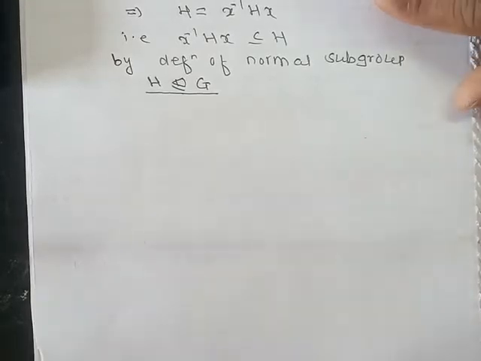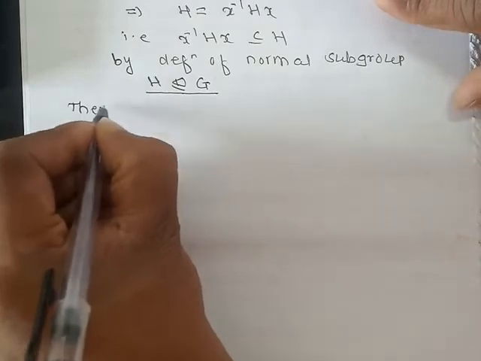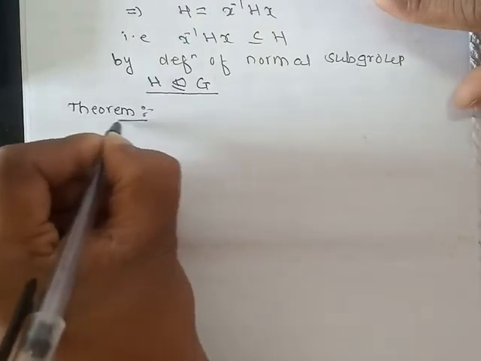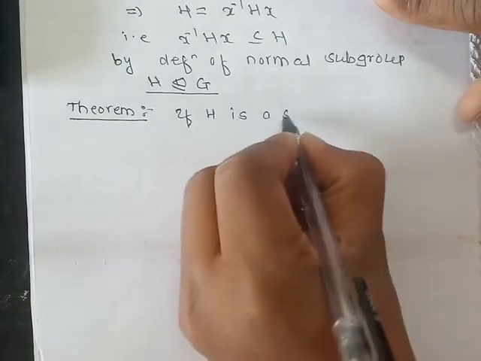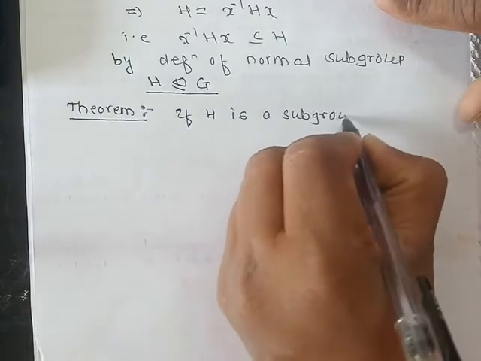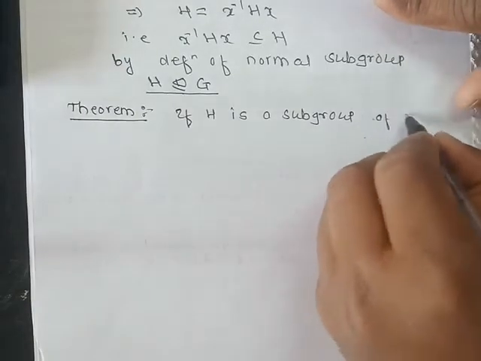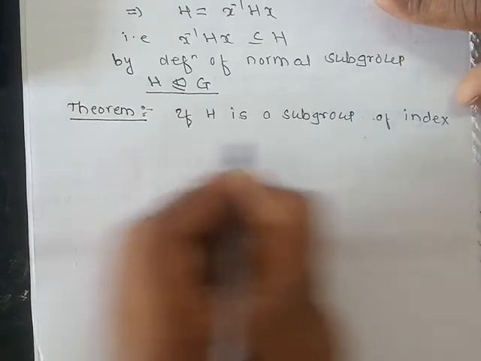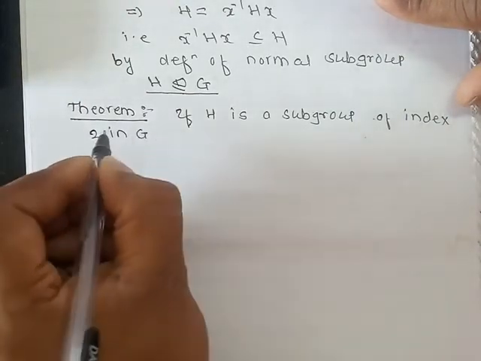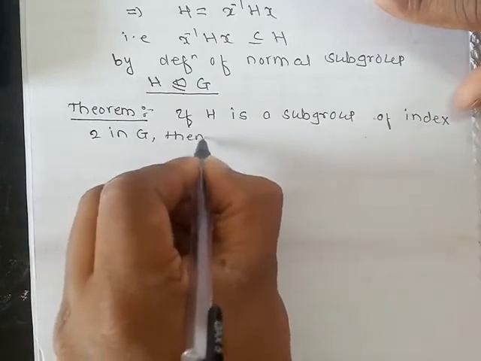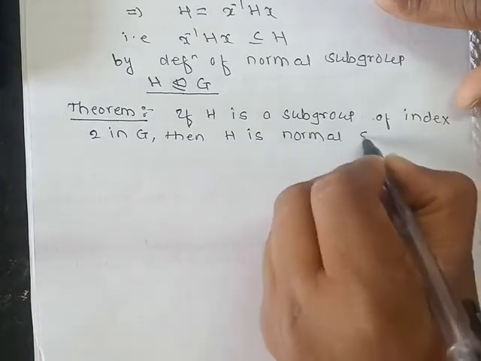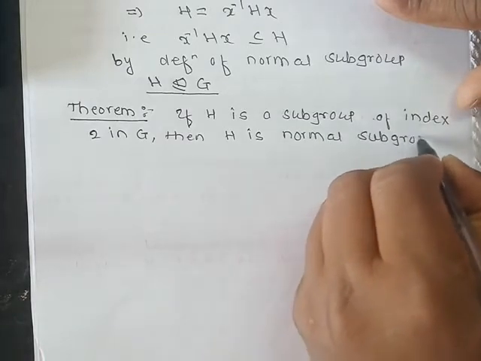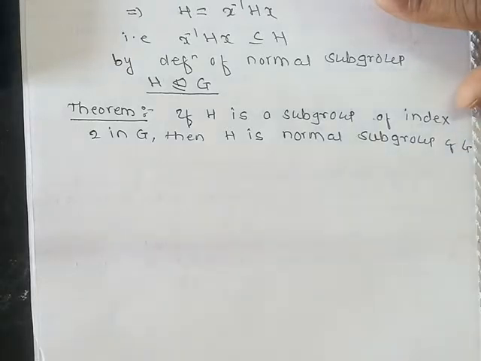So next theorem, what is that? If H is a subgroup of index 2 in G, then H is a normal subgroup of G. So what is meant by the index?